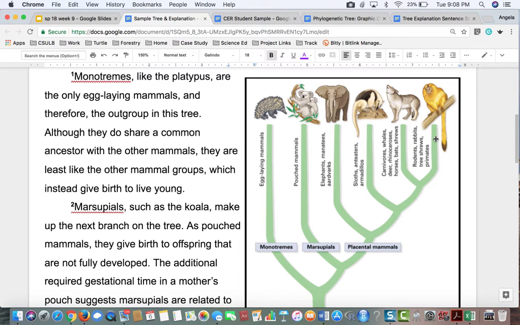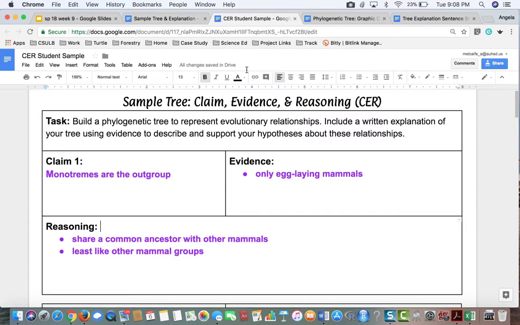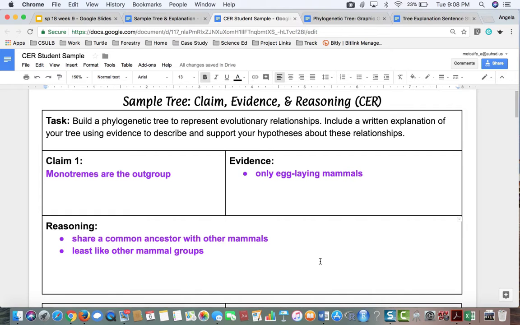We should have 6 groups or accumulations of evidence for each of those claims, and we should have the same for reasoning. So again, I'm asking you now to go through this document, and you are going to figure out through my sample what is the claim, what is the evidence, and what is the reasoning that I have given in my writing.